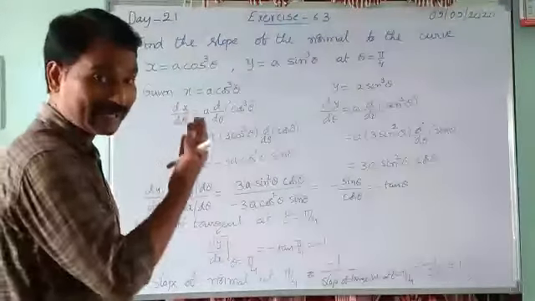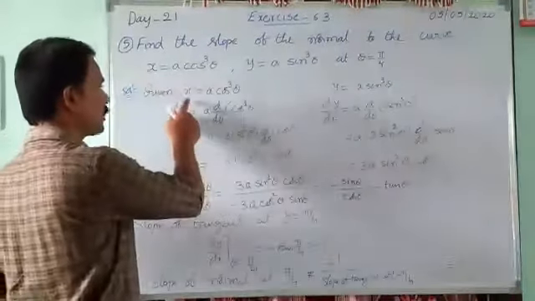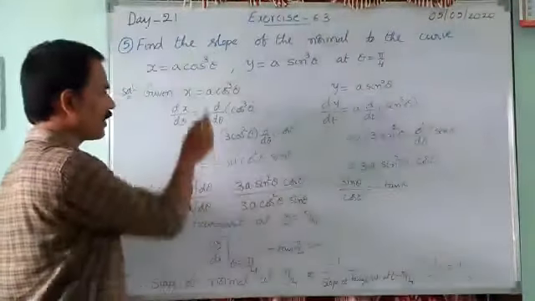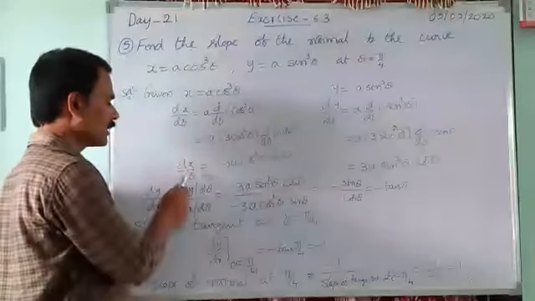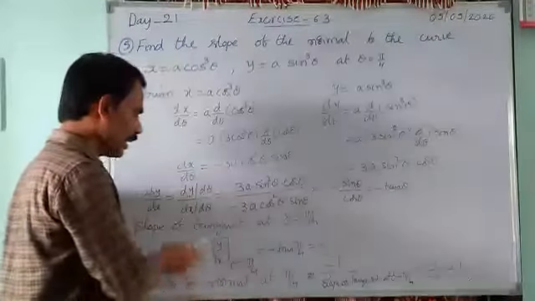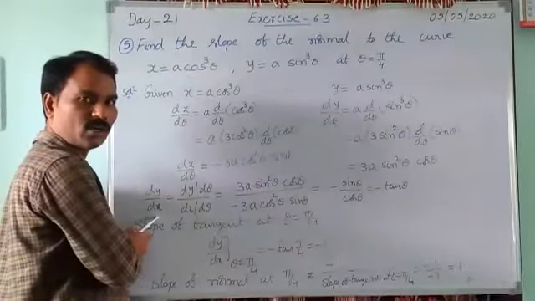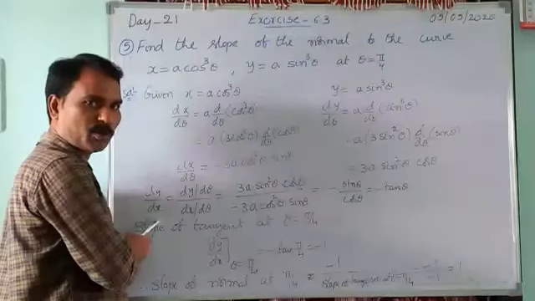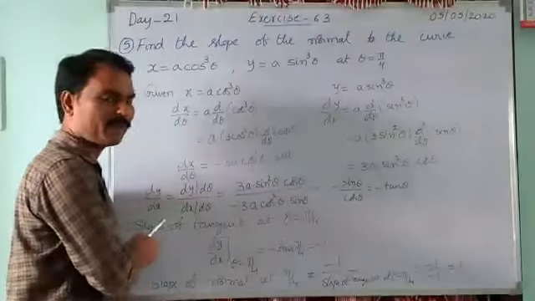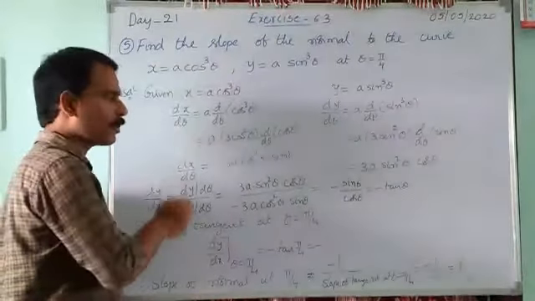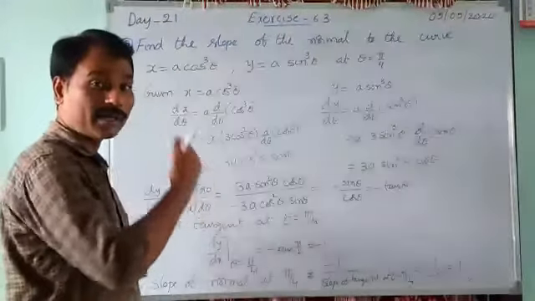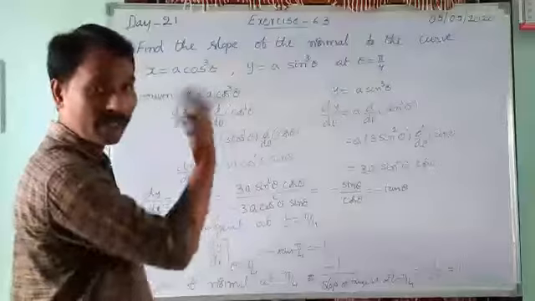There, separately we took x is equal to a cos cube theta, y is equal to a sin cube theta, and differentiated with respect to theta. We will get dx by d theta and dy by d theta. That example we did is now in parametric form. Same method, the same problem you have to work out completely up to here. We already learned that complete problem there.